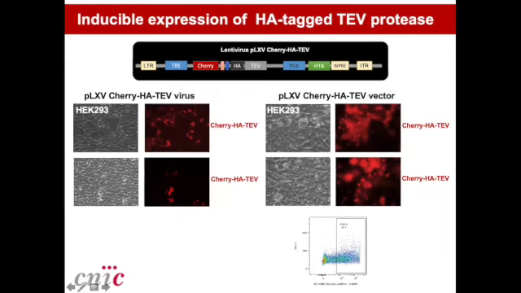As you can see here, the infection using this vector works well in HEK293 because we can see positive fluorescence for mCherry, but we didn't see the protein in Western blot analysis, so we moved on.